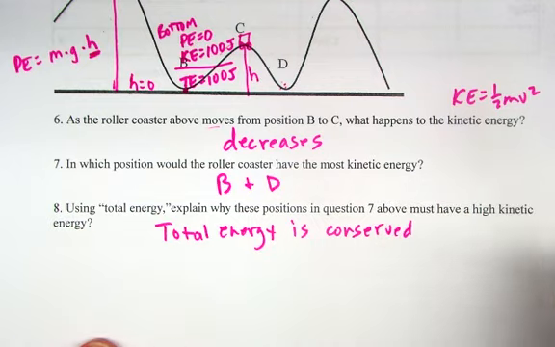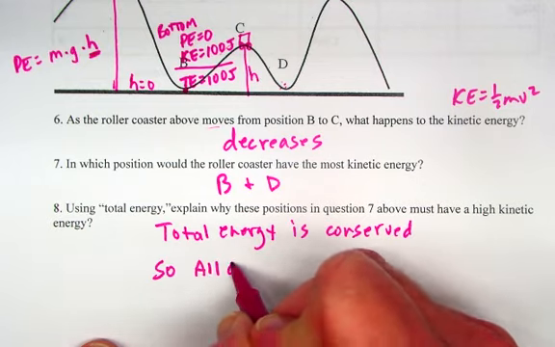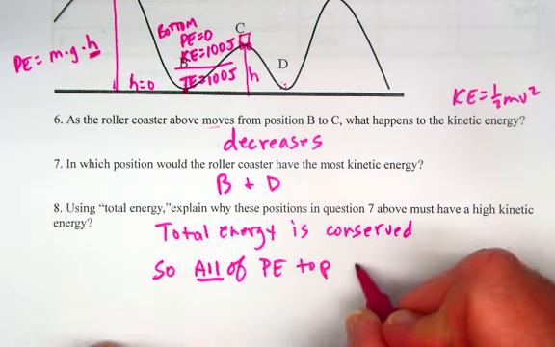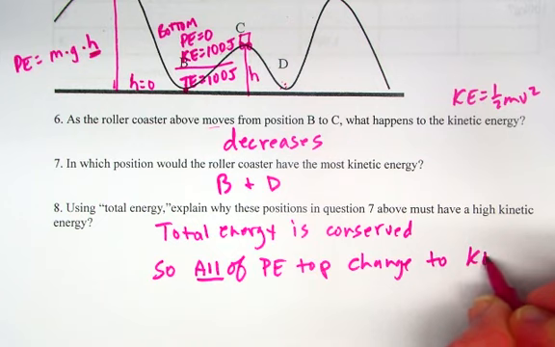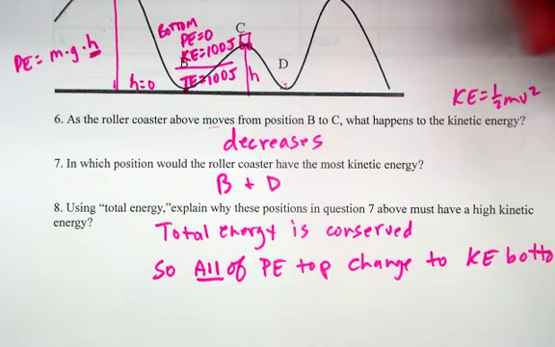Total energy is conserved. So all of the potential energy at the top is going to change to kinetic energy at the bottom. And so therefore, if all of that energy is now kinetic, you're going to have the most down at the bottom than you would any other place.